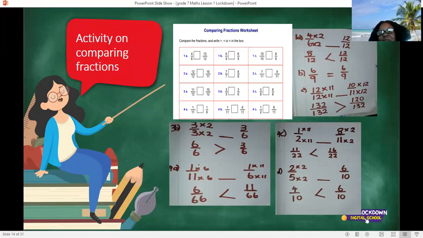Number B is very easy. You can see it's the same fraction. 6/9 and 6/9, they are equal. So you just put the equal sign. And then same applies to number 1C. 10/10 and 6/6. Also, it's whole numbers, so they are equal. 2A, we have 12/12, which is a whole, and then 10/11 is not a whole, because if it was a whole, it was supposed to be 11/11.